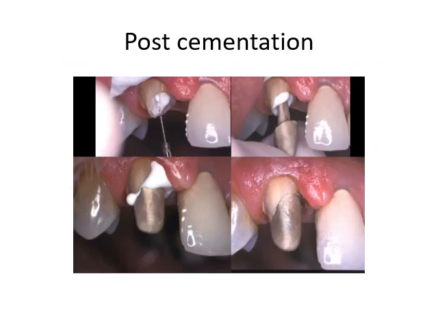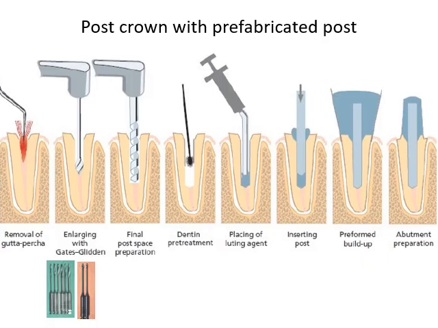Then the metallic post and core will be cemented inside the canal, and we will take an impression to make the final crown. In the technique of restoration using a post-crown with a prefabricated post, the guttapercha is removed with the aid of a hot endodontic spreader, Gates Glidden, or Piezo reamer.